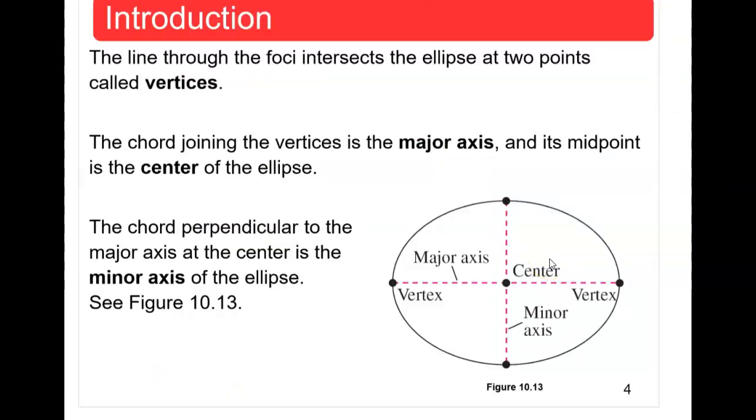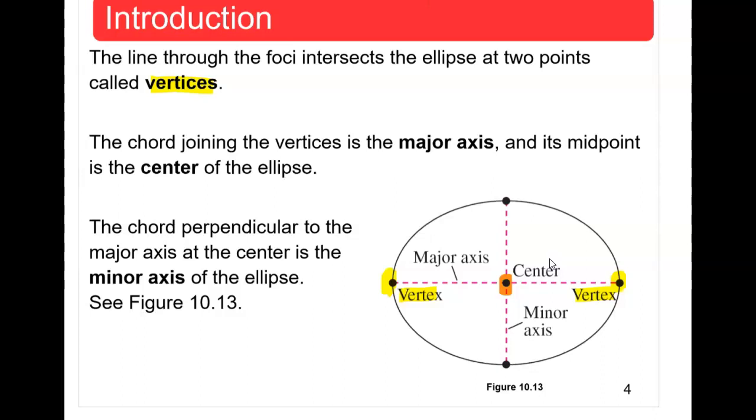So let's go over some vocabulary. The line through the foci intersects the ellipse at 2 points called the vertices. Vertices is the plural of vertex. So there is one vertex on the left and one vertex on the right of the center. And remember, the center could be at the origin, but it could also be shifted.